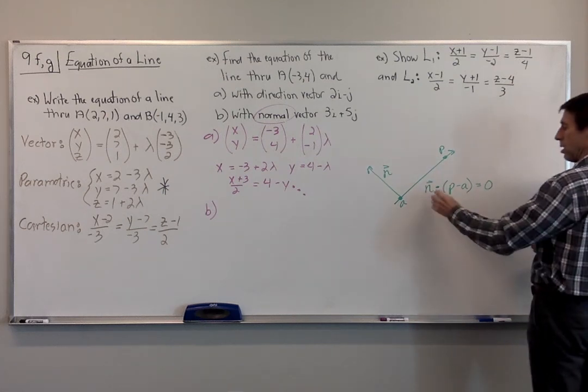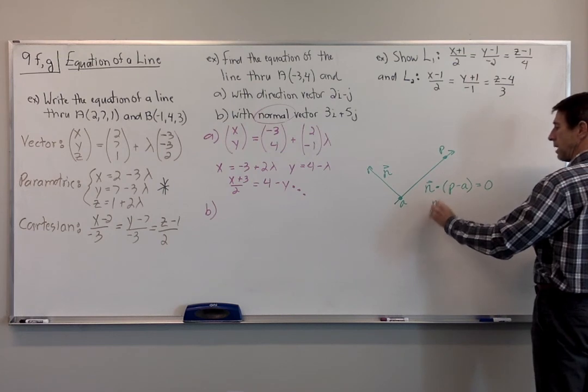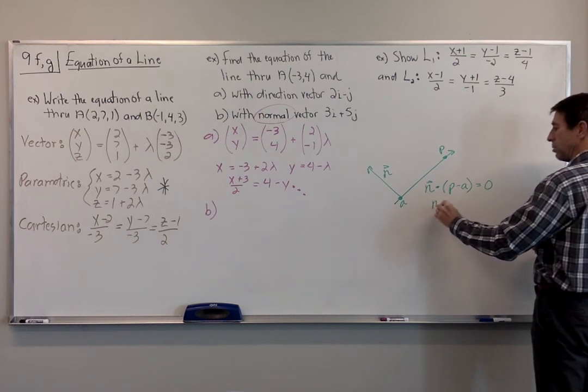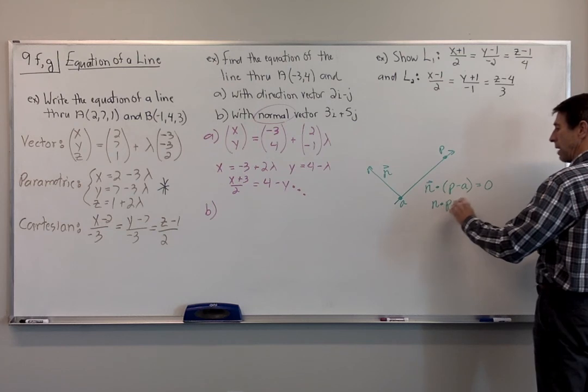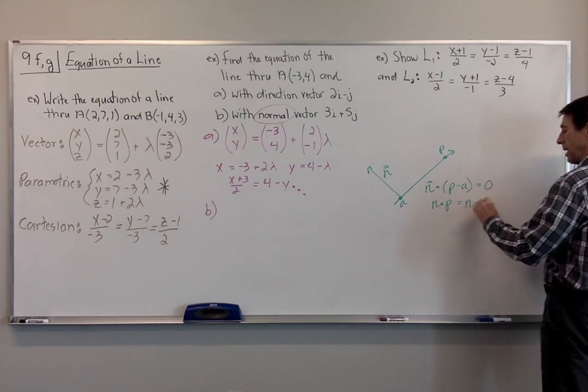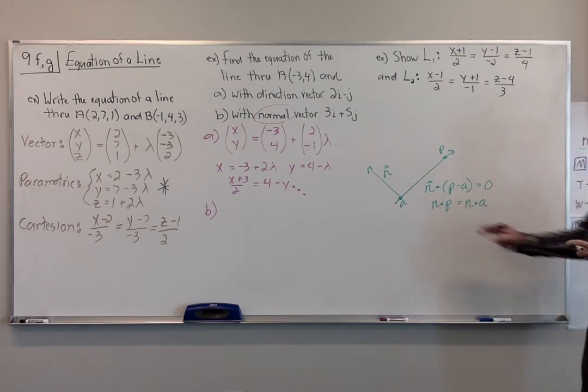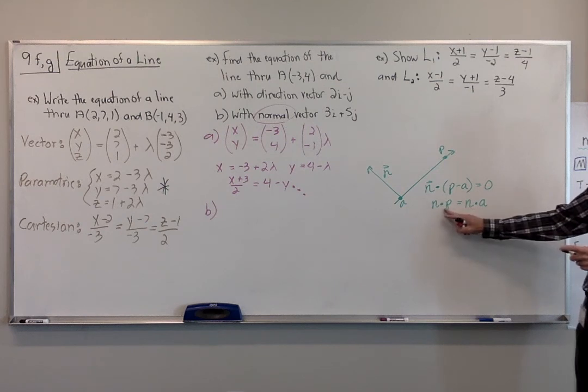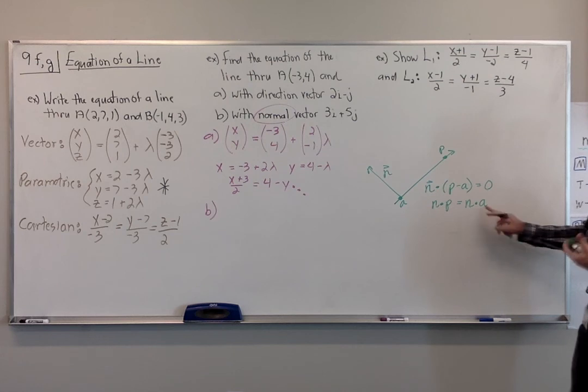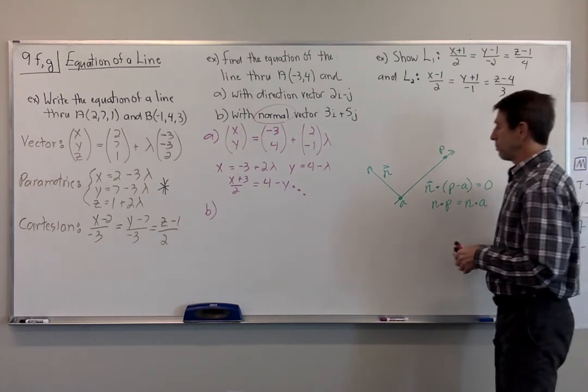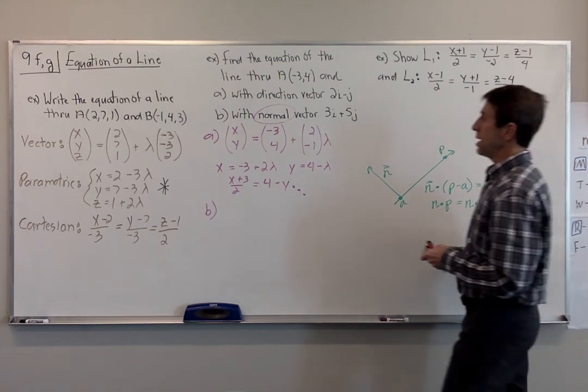Well, looking at that more closely, we could basically have the scalar product between n and p would have to be equal to the scalar product between n and a, where n is your normal vector, p is kind of the point you're wondering about, and a might be the point that you're given. So, having said that, we can simply write the rather simple equation.